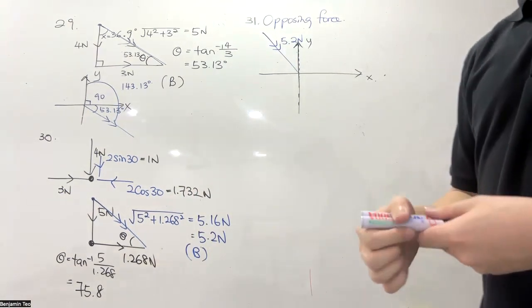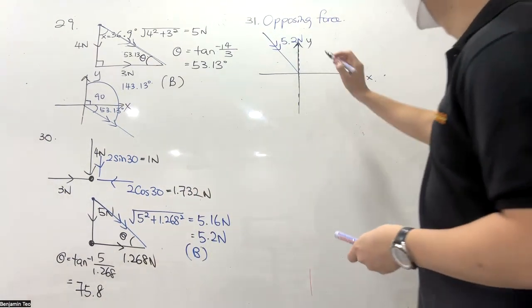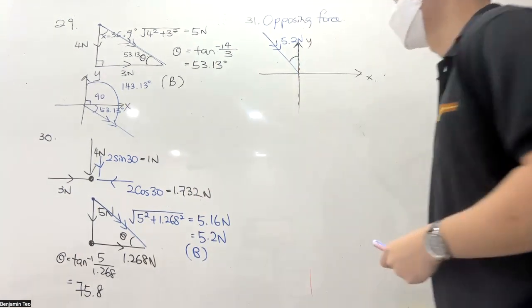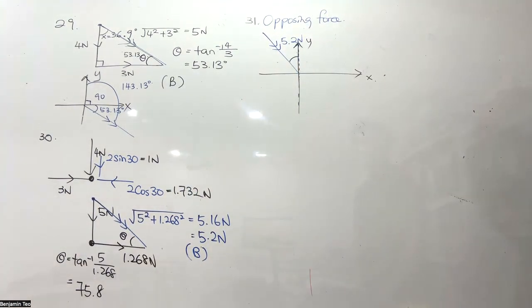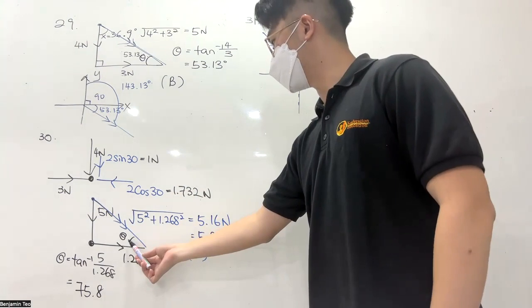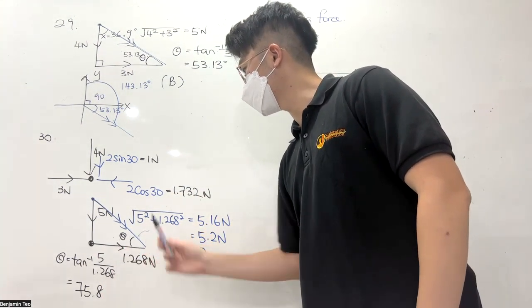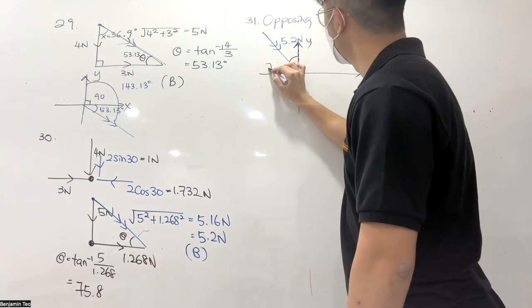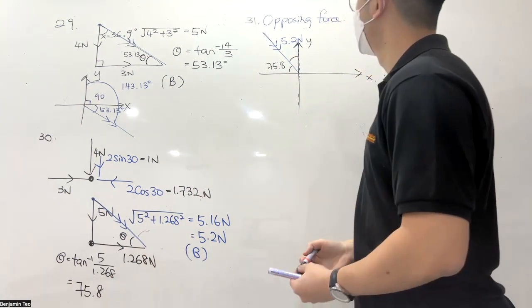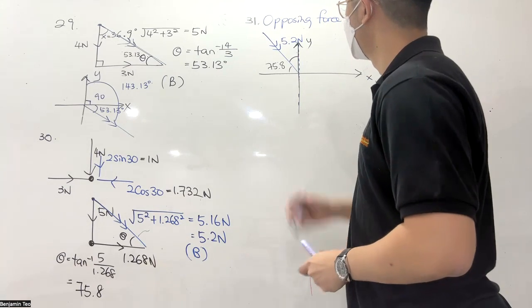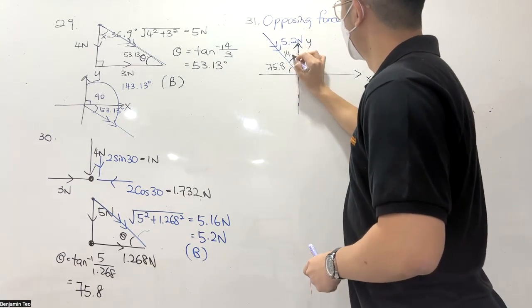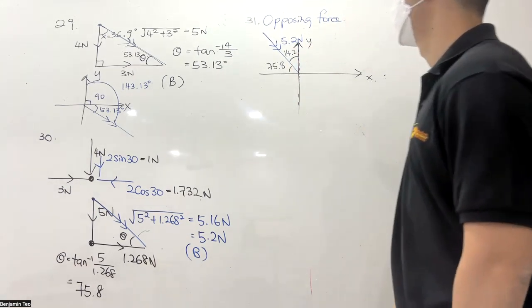How much is the degree over here? Can we find that degree? We got here already 75.8. Then you need to find here. This is 75.8. This is 14.2.